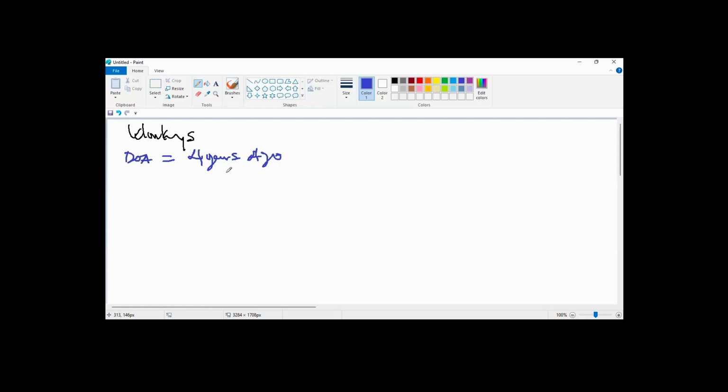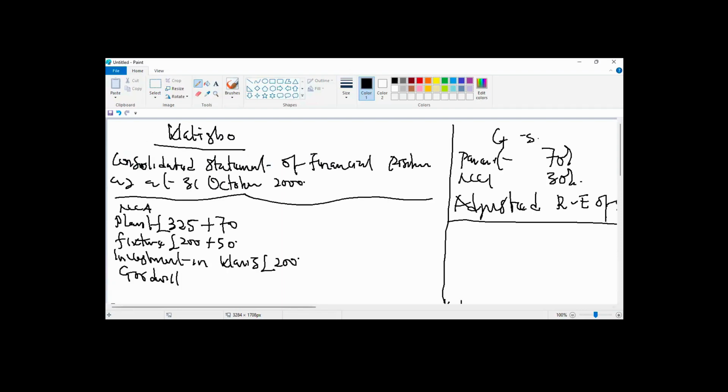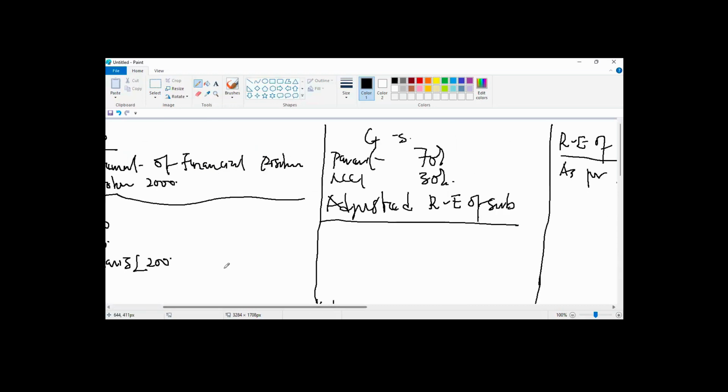When the retained earning was 20,000, there was no impairment of the goodwill. Oh, retained earning. We are talking about net asset. Net asset of the subsidiary at the date of acquisition, as per the statement of financial position. What was the return of the subsidiary? I will check. 50.